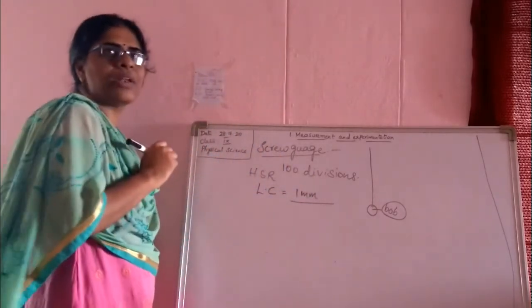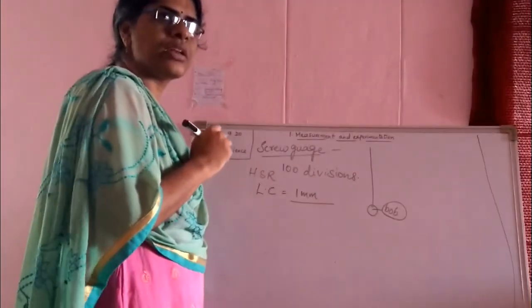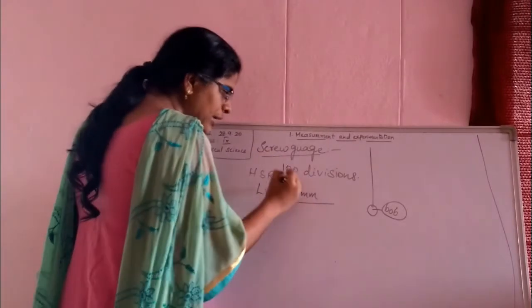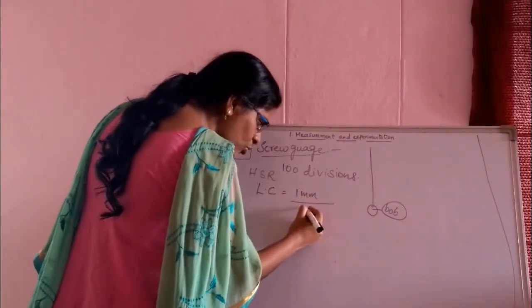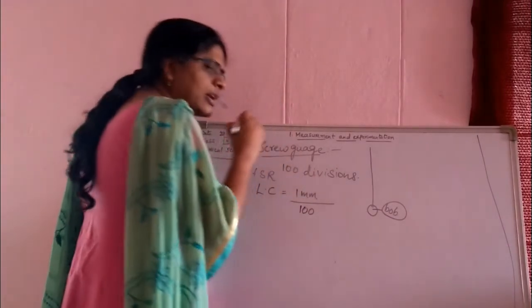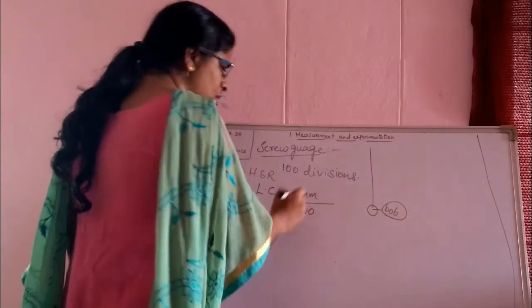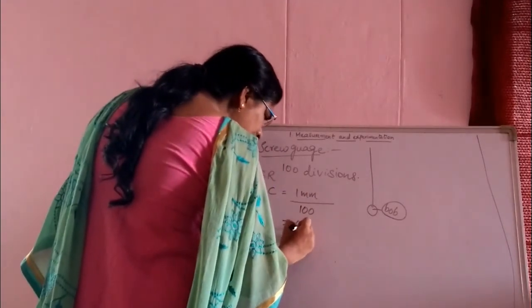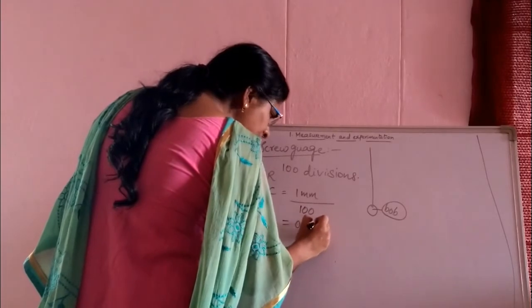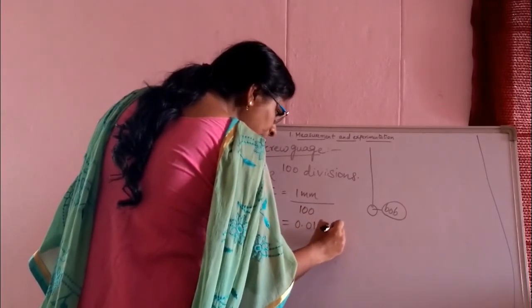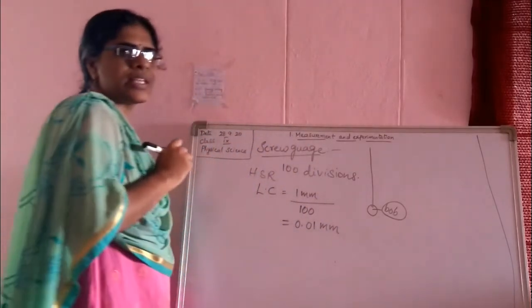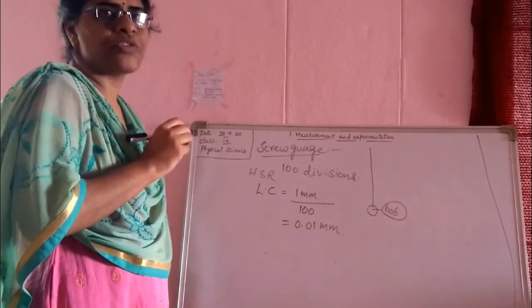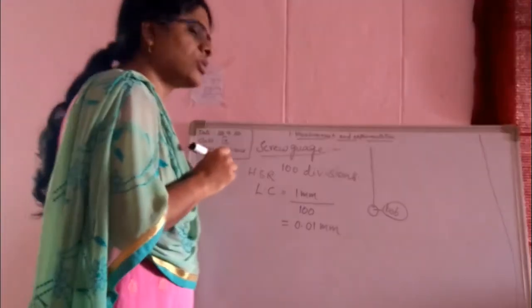Value of one main scale division divided by number of divisions. How many divisions are there? 100 divisions. Now 1 by 100 is 0.01 mm. This is the least count of your screw gauge.